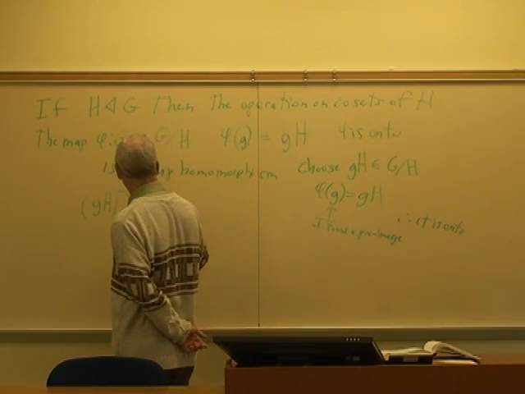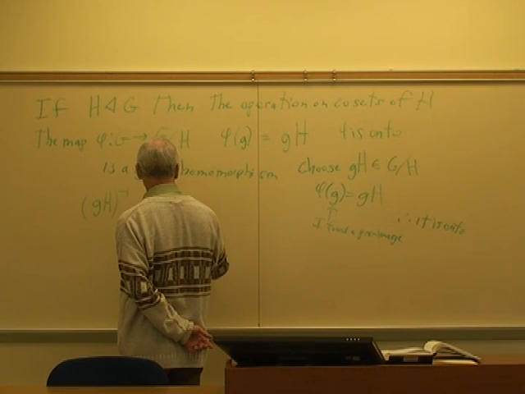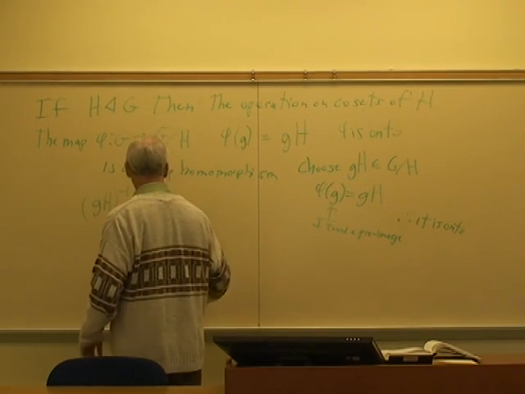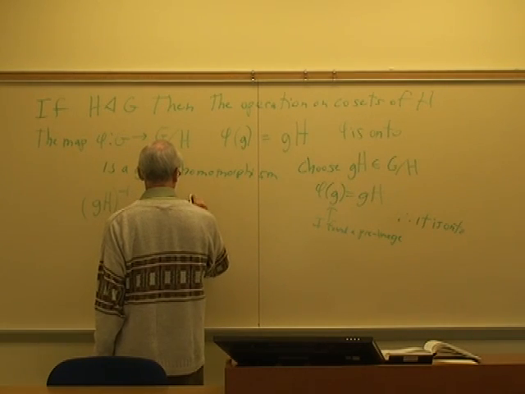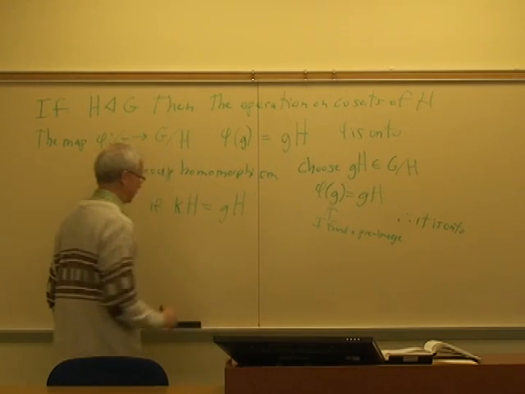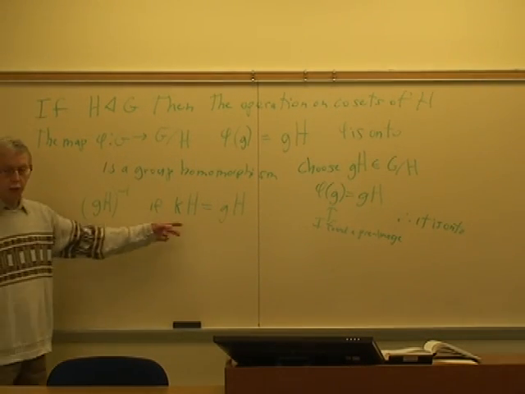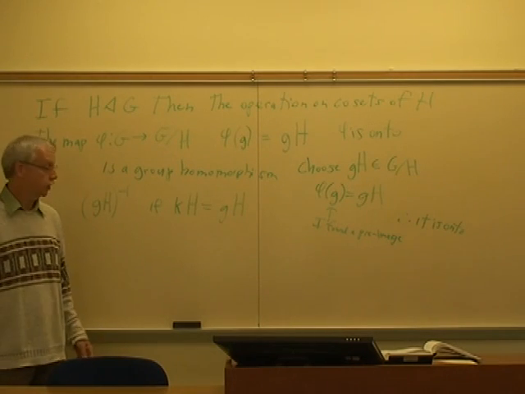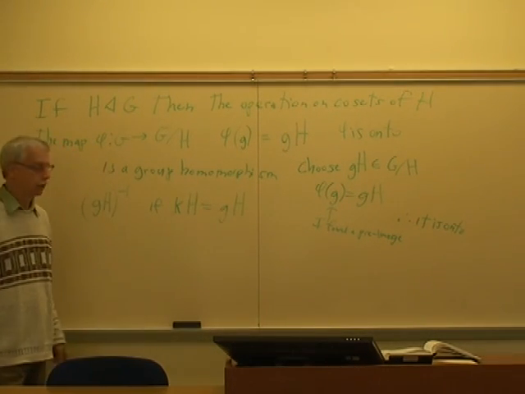Well, I should say it this way. Two cosets can be the same thing, right? That's possible. We did this lots of times when we were building cosets. You can get lots of different generators that make the same coset, right?